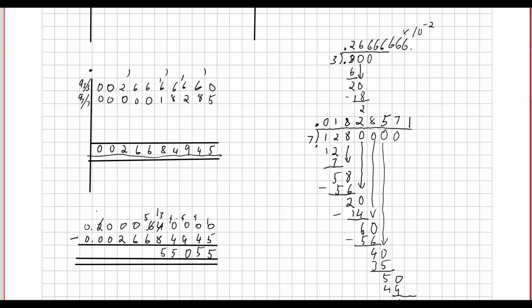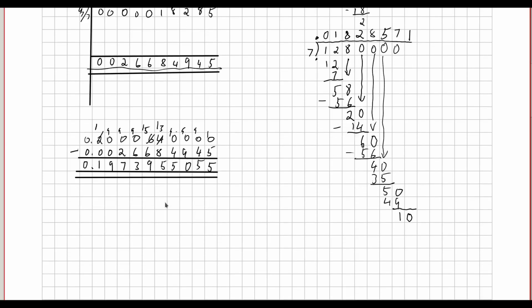So we'll have 1, 9, 9, 9. 15 take 6 is 9. So 9 take 6 is 3. 9 take 2 is 7. 9 take 0 is of course 9, and we got 1, so we end up with 1, 9, 7, 3, 9, 5, 5, 0, 5, 5.